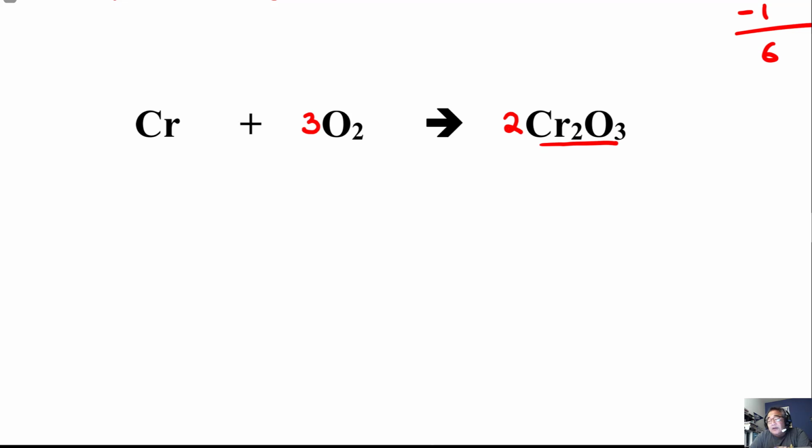You could have used a 3 halves as well, and it would have still worked out. But now I have 4 chromiums here. I have chromium by itself, so I can just put a 4 here like this. So that first cross multiplication balanced the oxygens, and then I took care of the chromiums in the next step, and that reaction is now balanced.